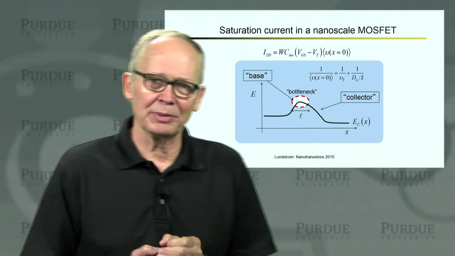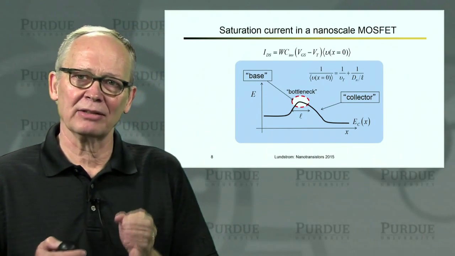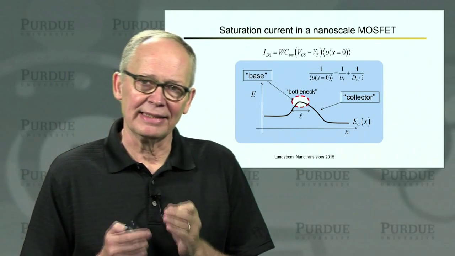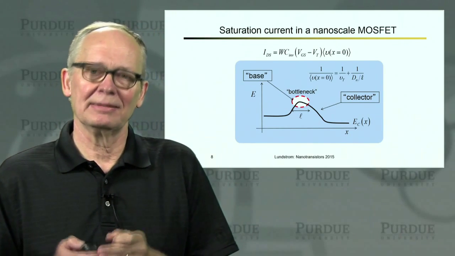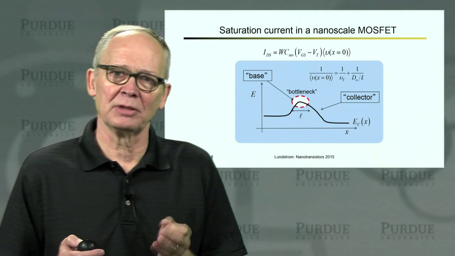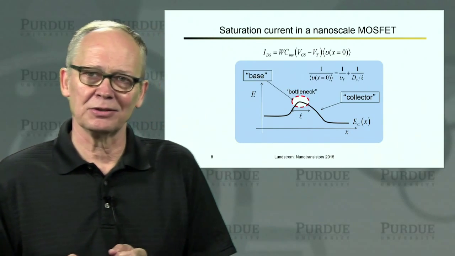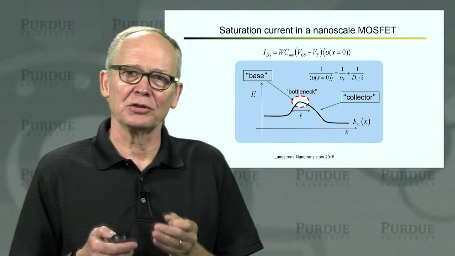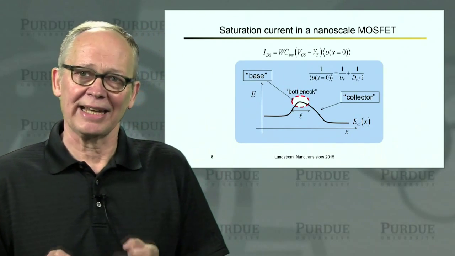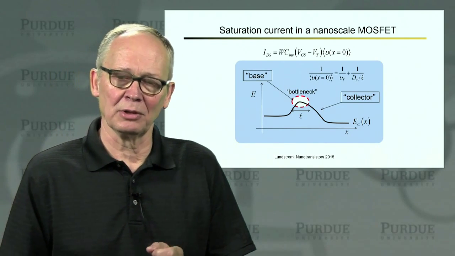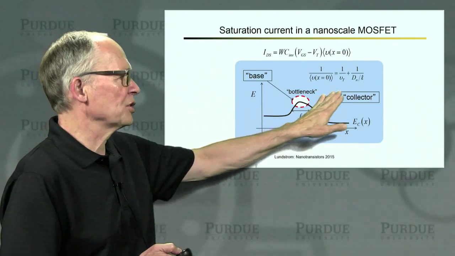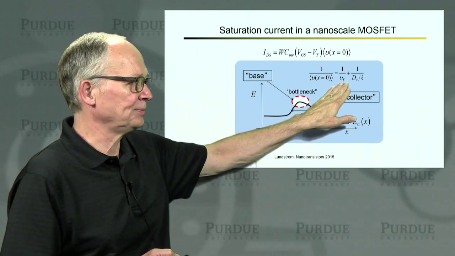But we have to be a little bit careful when this script L gets very short, because D over L might end up being faster than the thermal velocity. And that is unphysical because diffusion is random thermal motion. Particles can't diffuse faster than the thermal velocity, but this expression will automatically take account of that.